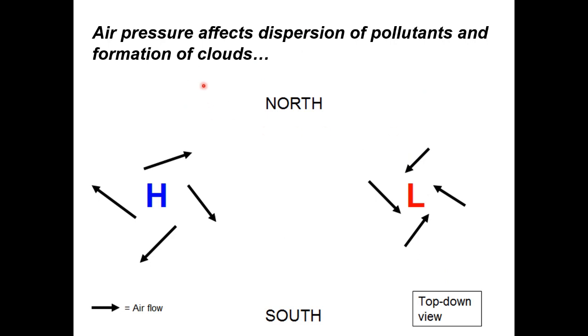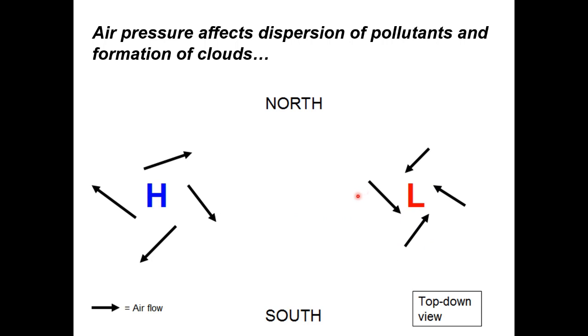So also we have air pressure. Air pressure affects dispersion of pollutants and formation of clouds. Areas of high and low pressure are caused by ascending and descending air. As air warms, it ascends, leading to a low pressure at the surface.